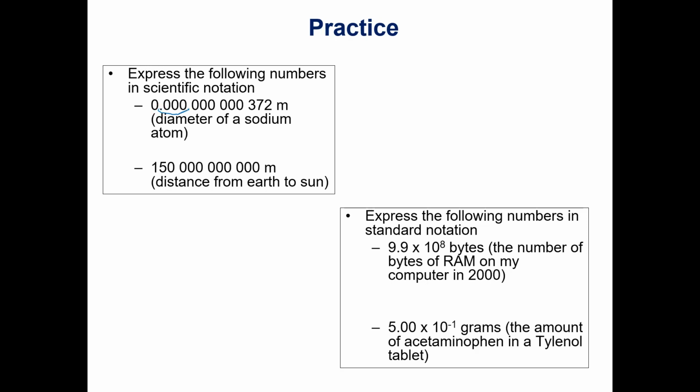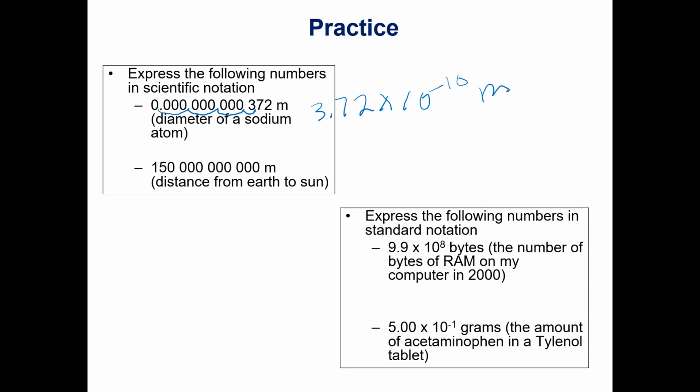So we're going to go 3, 6, 9, and then I'm going to go one more place over so that I have one non-zero number before the decimal. And I get 3.72 times 10 to the 9, 10. And since this was a small number, it's going to be negative 10. So 3.72 times 10 to the negative 10 meters.